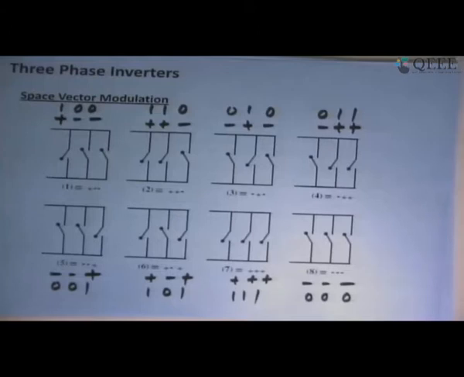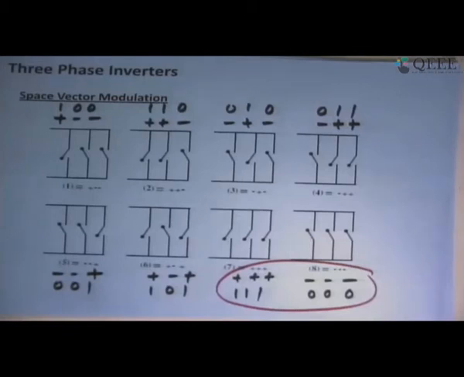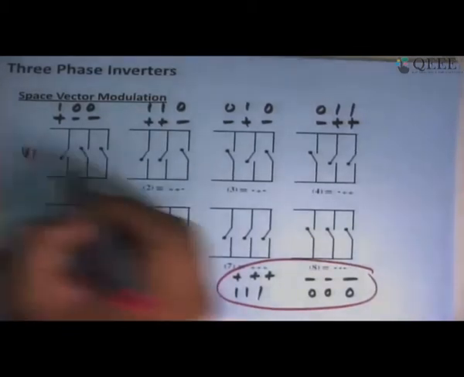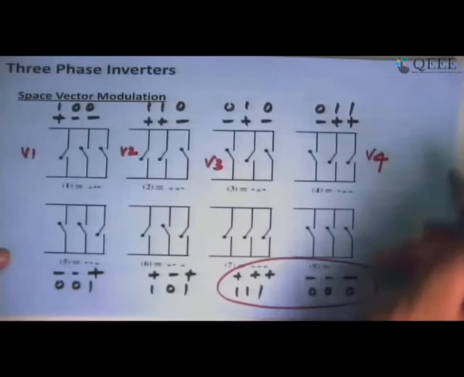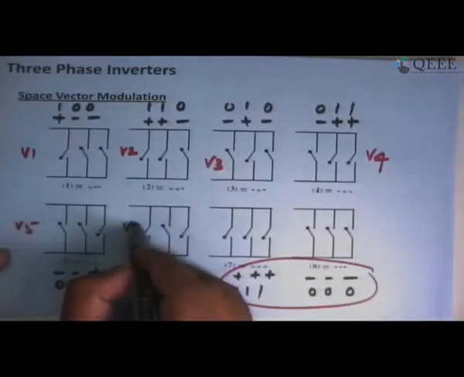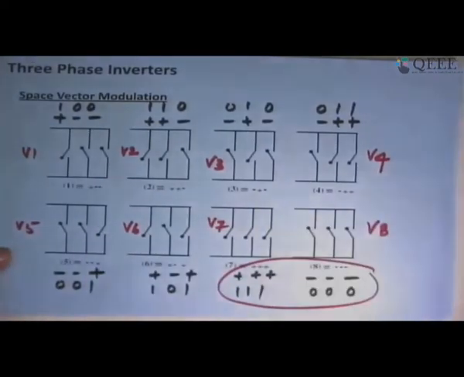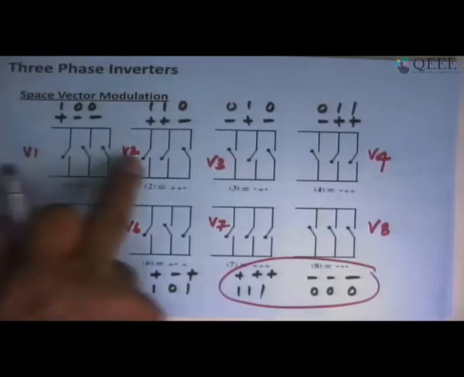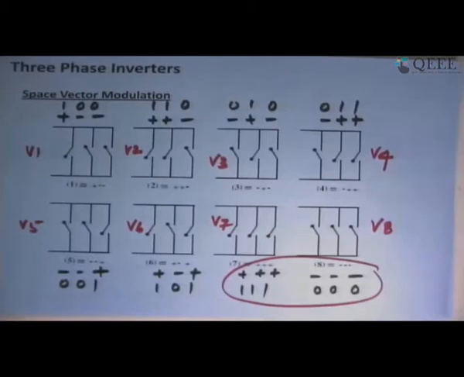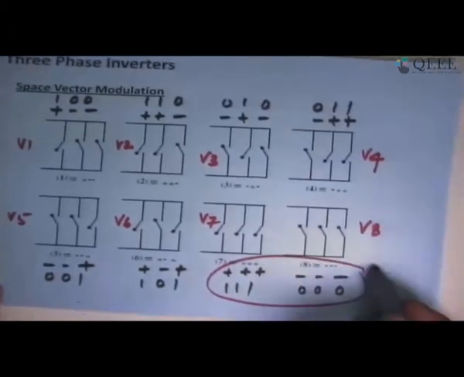So in this combination of 8 sets, this is called V1, V2, V3, V4, V5, V6, V7 and V8. Don't confuse this with this. There is a reason why this is numbered 1 2 3 4 5 6 7 8. These states are called zero states.